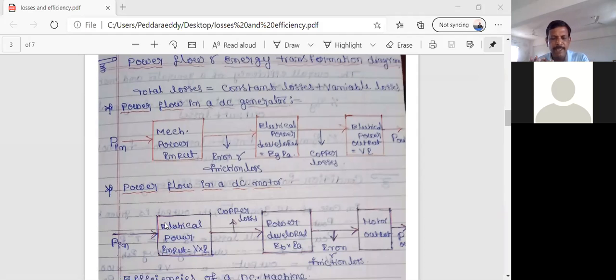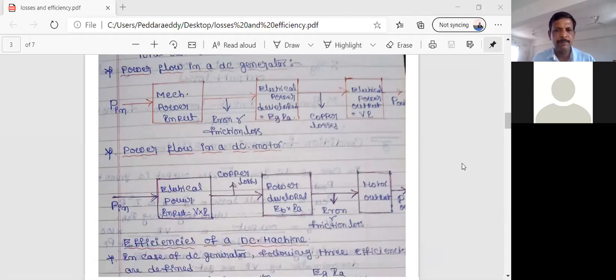Electrical power input minus copper losses, we get power developed EB IA. EB IA minus iron and friction losses, we get rotational energy or mechanical output. We can also call it motor output. So this is the matter about the block diagrams of power flow in a DC generator and in a DC motor.